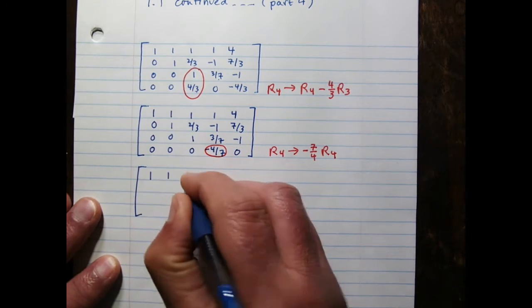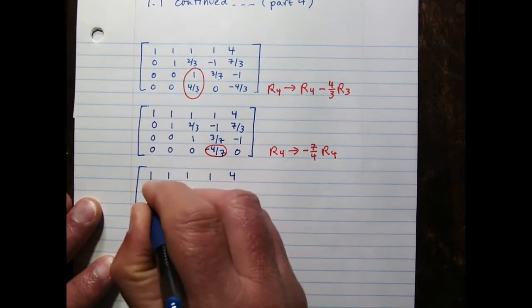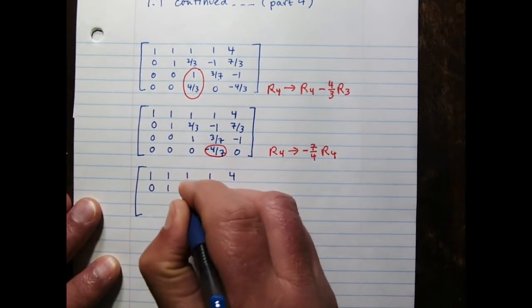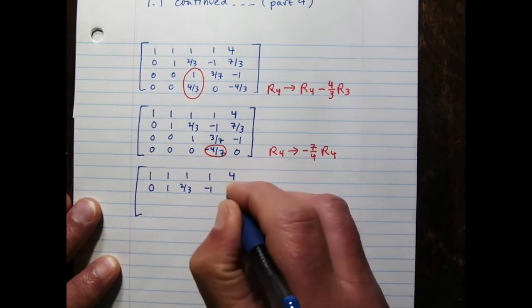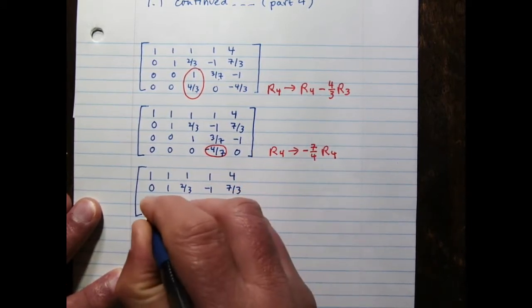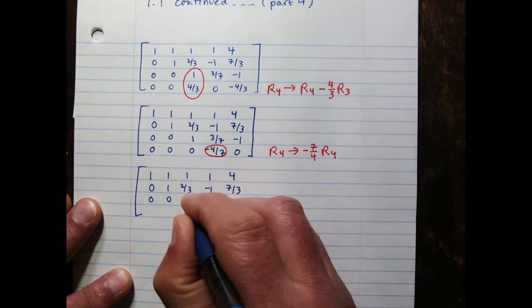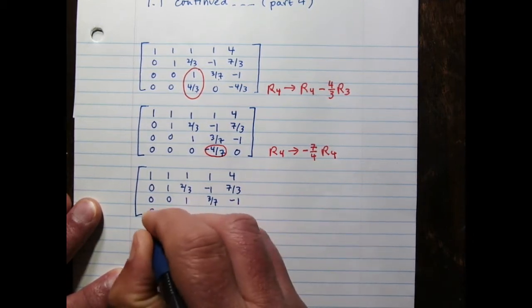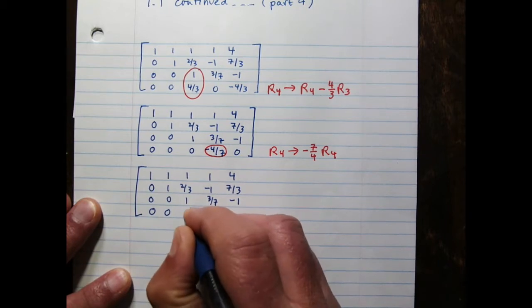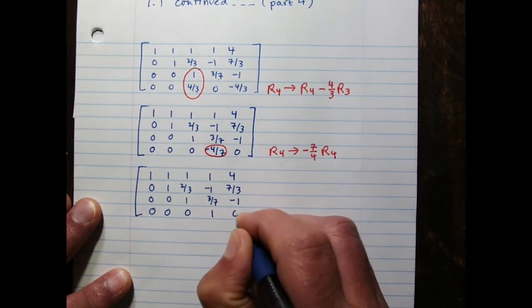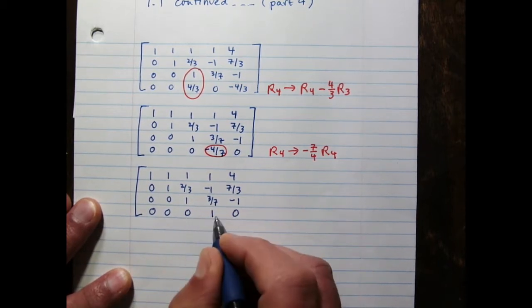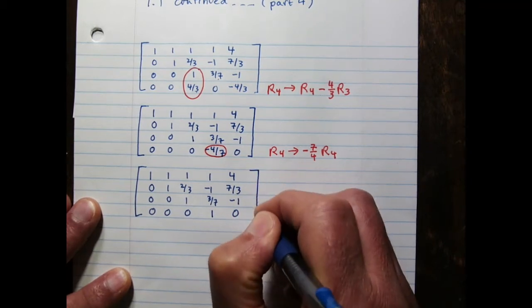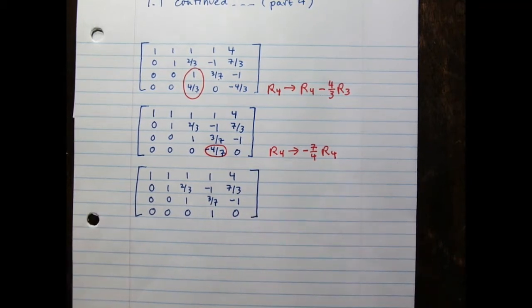And that just makes one little change in what we got here. So a lot of recopying. The first 3 rows are the same, and the only change is I will now have 0, 0, 0, 1, 0 in this 4th row.